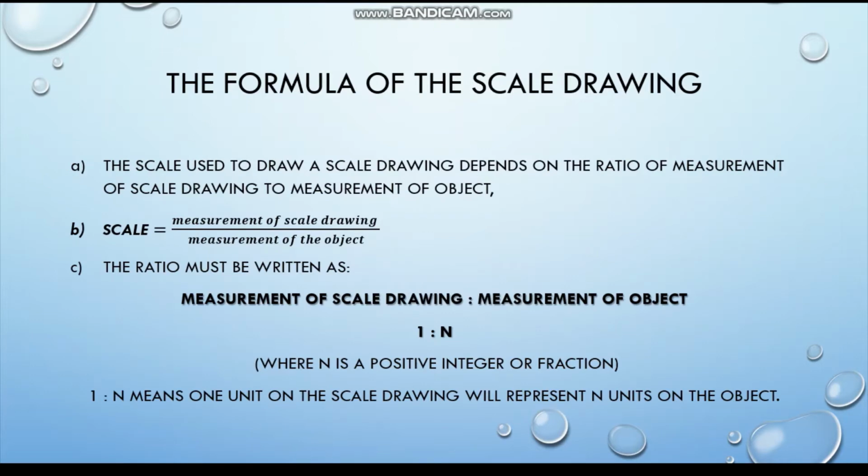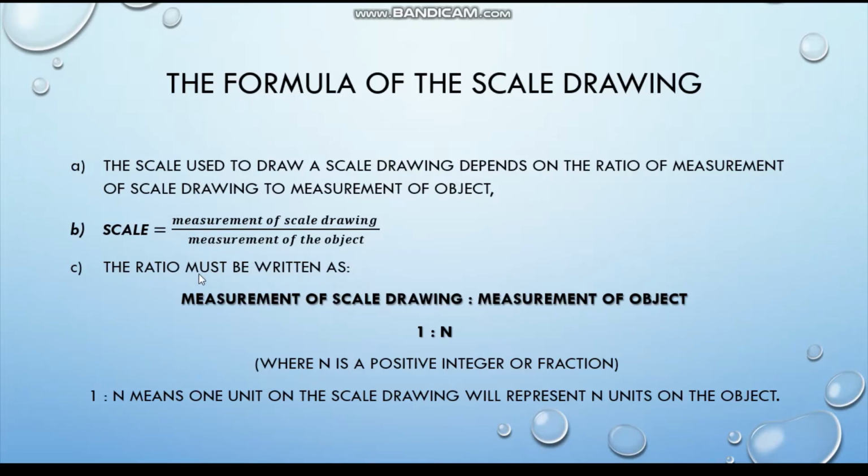Okay, this is the formula of the scale drawing. The scale used to draw a scale drawing depends on the ratio of the measurement of the scale drawing to the measurement of the object. Scale is equal to measurement of the scale drawing divided by measurement of the object, or we can say measurement of the scale drawing over measurement of the object.